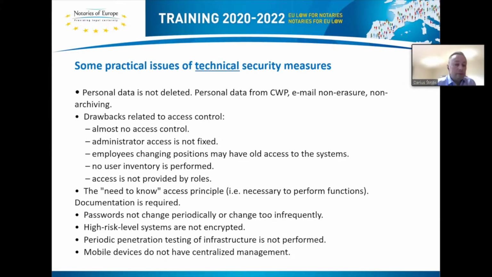Employees changing positions may have old access to the systems. No user inventory is performed, and the need-to-know access principle is not implemented. Passwords not changed periodically or changed too infrequently, etc.